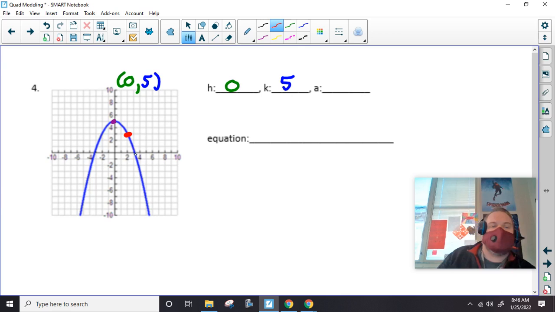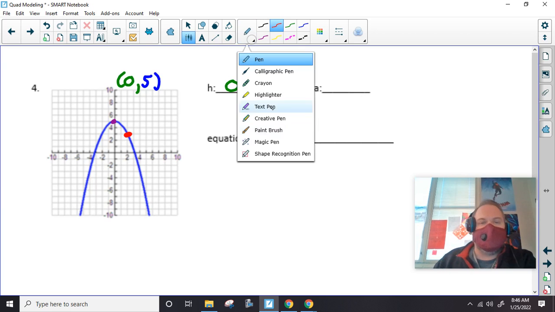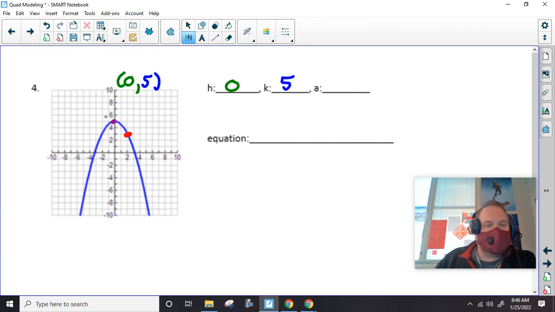Now, it's kind of hard to see. I actually had to zoom in to where this crosses again. Come on, little laptop. You got it.